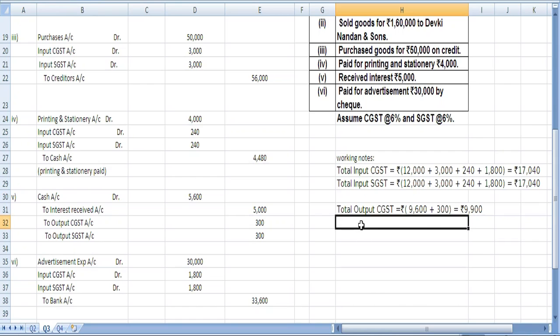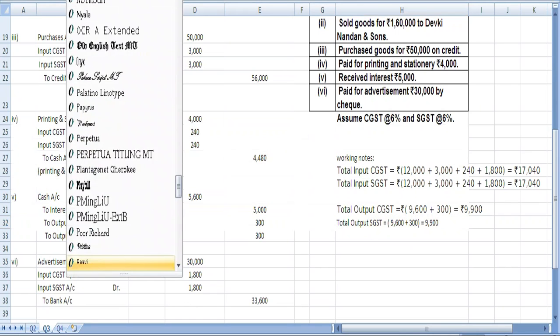Okay, now the same we will do with the total output SGST. So it will come the same: 9600 plus 300 will come as 9900.